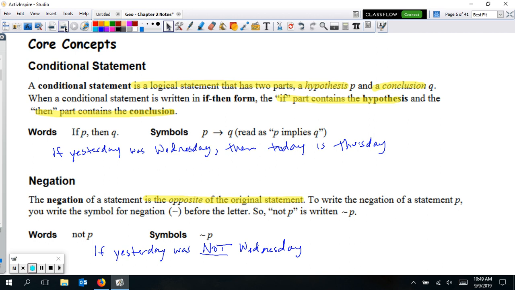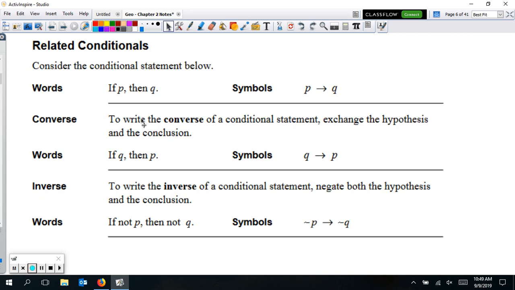Alright, so let's move on to the next ones. Still going to use that same illustration. The next ones are, and again, don't worry about the symbols, but the next one you're going to look at is called the converse. Now you may want to write this word up here right above it, because I always think of the converse as reverse.